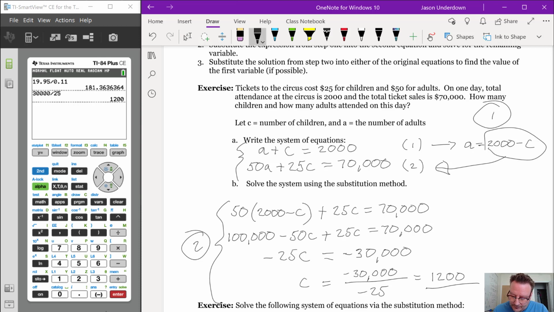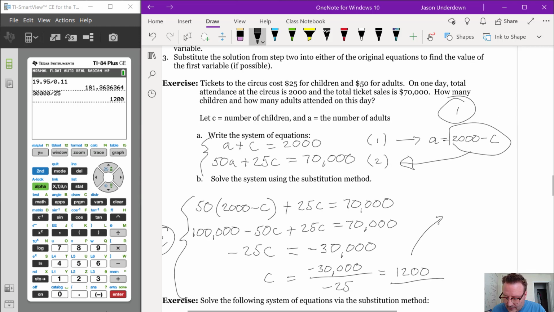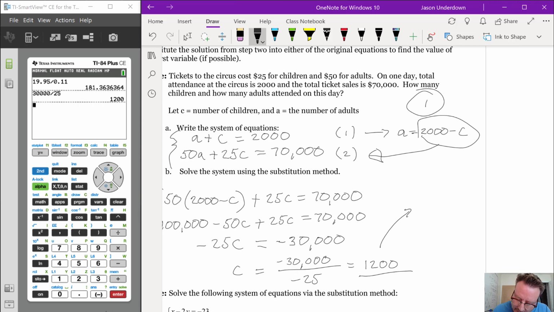So I'll just do a little arrow here to indicate that. Here we go, A plus 1,200 equals 2,000.